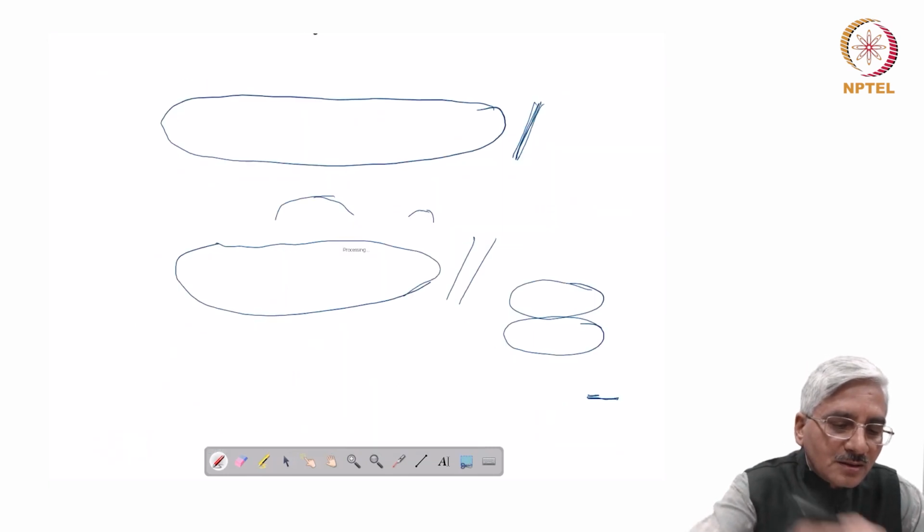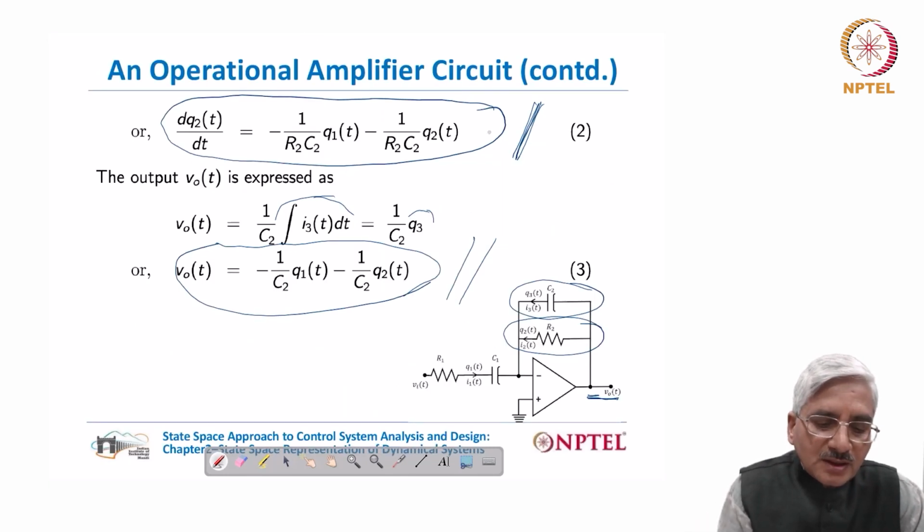The other equation, because Q2 has been identified as the second state x2, can be rewritten as dx2 by dt equal to minus 1 by R2 C2 Q1 minus 1 by R2 C2 Q2.